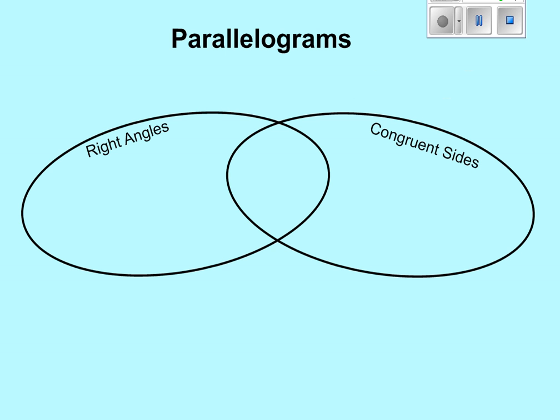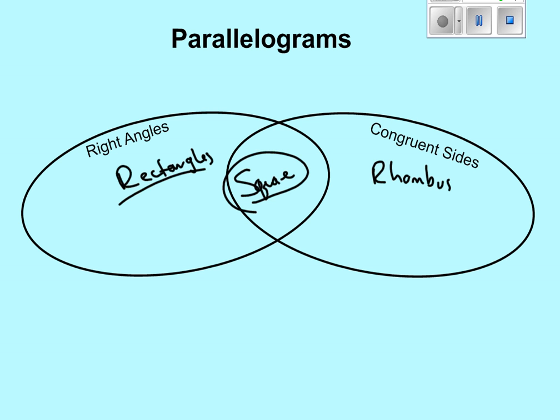So pretty much anything that could happen with a rhombus or rectangle is also true with the square. So right angles, congruent sides. Let's Venn diagram this thing. Rectangles have 4 right angles. 4 congruent sides are going to be a rhombus. And where those overlap, that is where our square fits in.